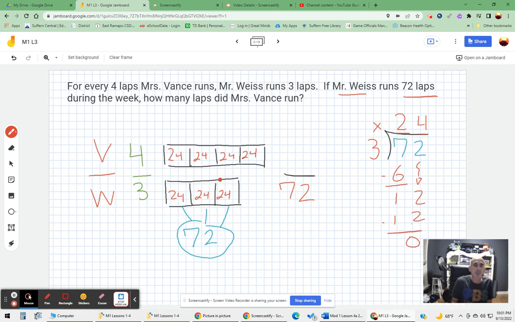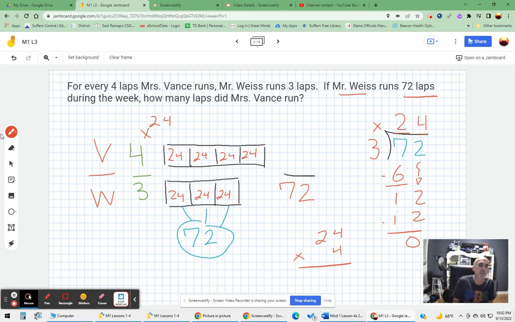Now, knowing this, that this is 72, this number is going to be larger. So there's a couple of ways to do it. One way is this. I have 4 groups of 24. I could do it that way. Let me get some space over here. I have 24 times 4.